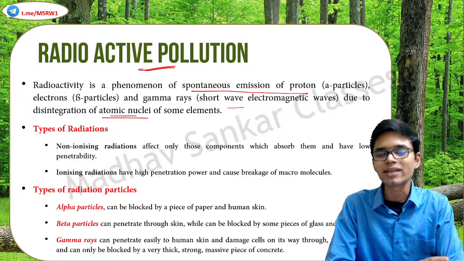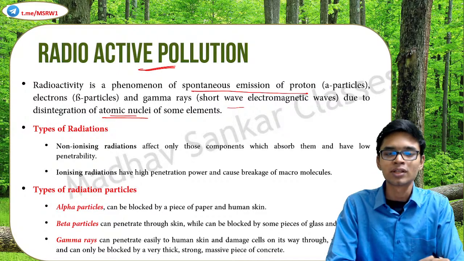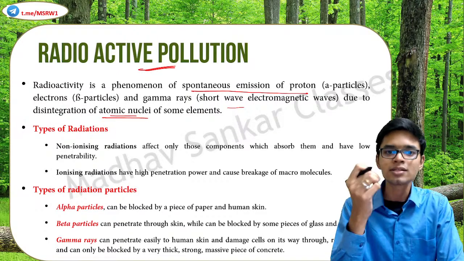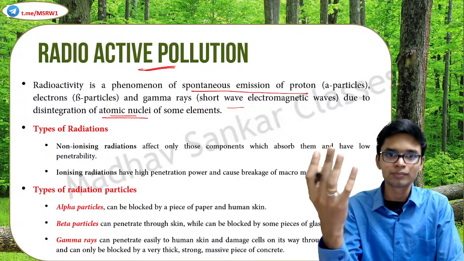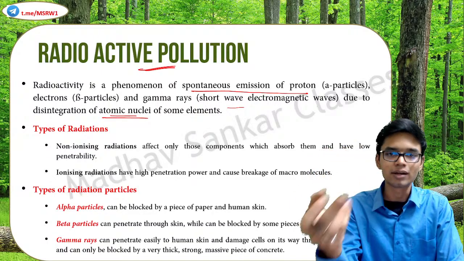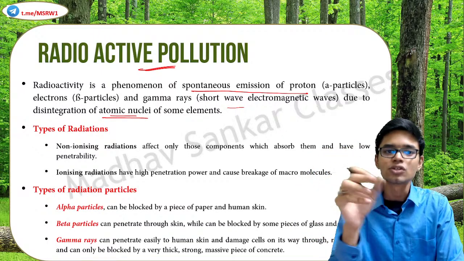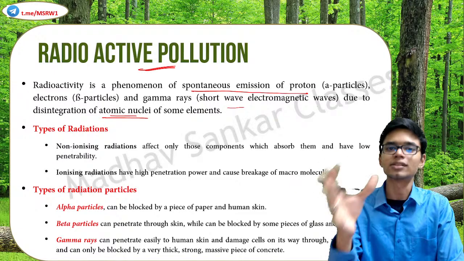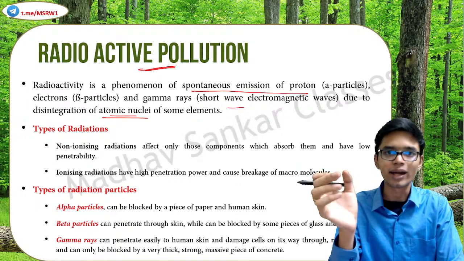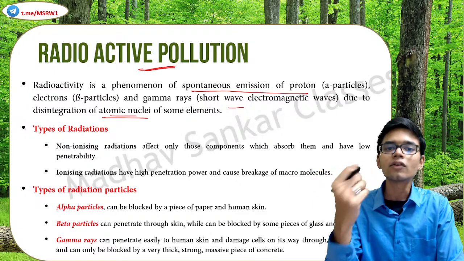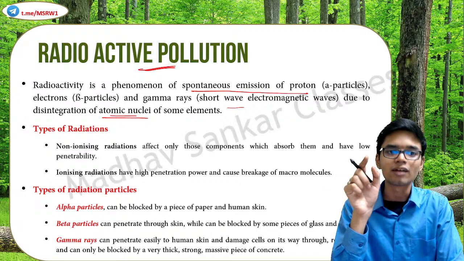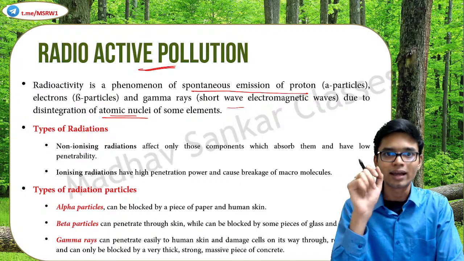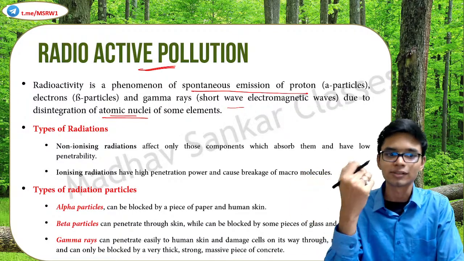Certain elements undergo nuclear decomposition, and when this happens, a lot of things are emitted, like alpha particles, beta particles, gamma rays. This process is known as radioactivity. In a lot of cases, these emissions are very, very dangerous, and hence we call them pollutants.